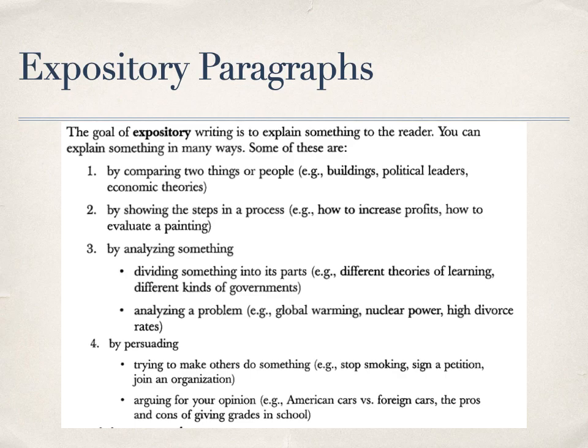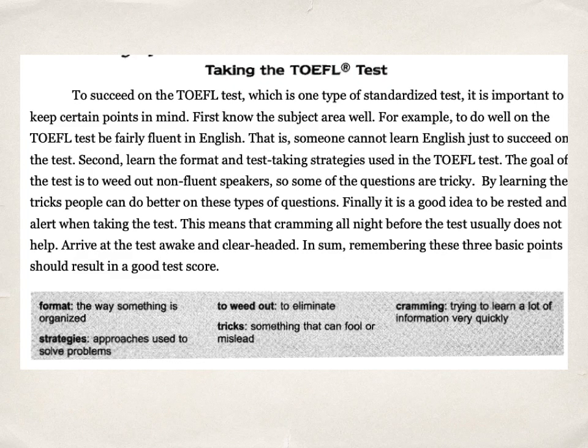All right, so for instance, take a look at this example paragraph, taking the TOEFL test. Go ahead and read that, pause the video, unpause it when you're finished. Okay, so I'm guessing that you have read this paragraph. Things to notice about expository writing. First of all, you're going to use higher level, more sophisticated vocabulary. Second of all, you're going to eliminate personal pronouns such as I, you, me, we.